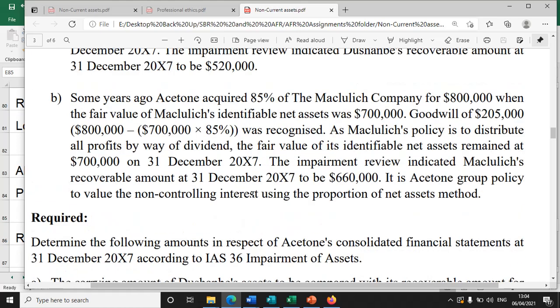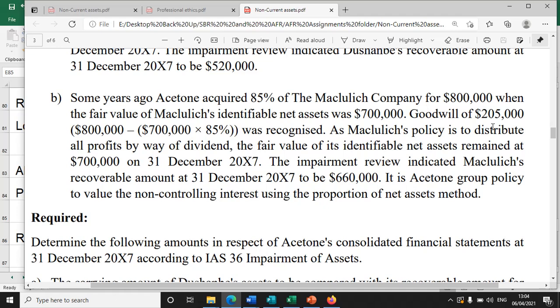What does the next question say? Some years ago, Aston acquired 85% of the McClellich company for 800,000. Fair value of McClellich identifiable net assets stood at 700,000. Goodwill was calculated for us already, recognized using what we call the partial goodwill method.